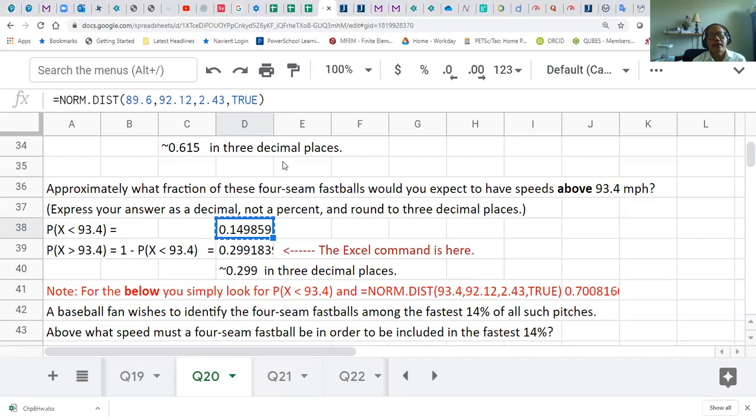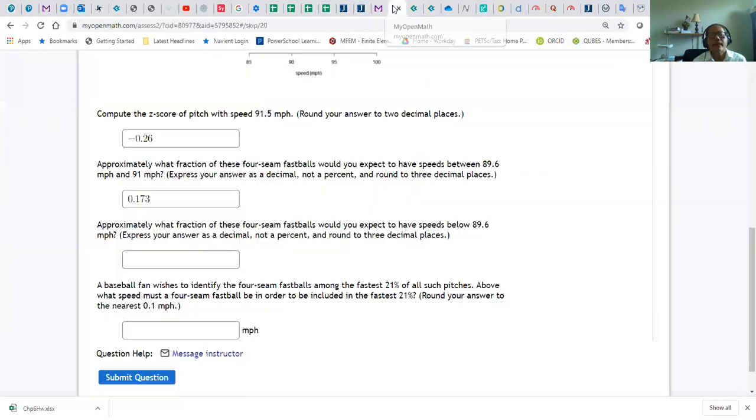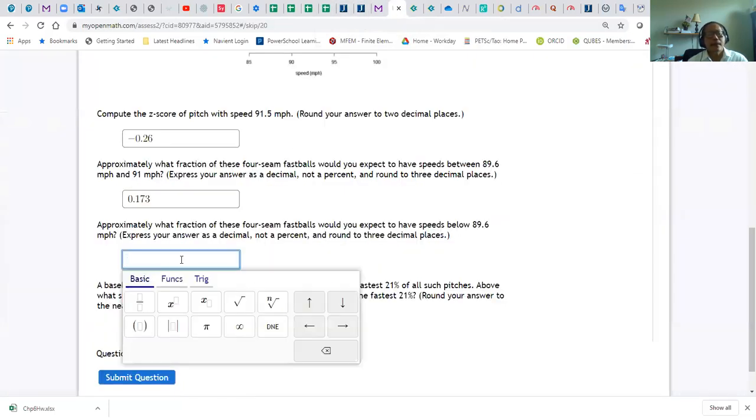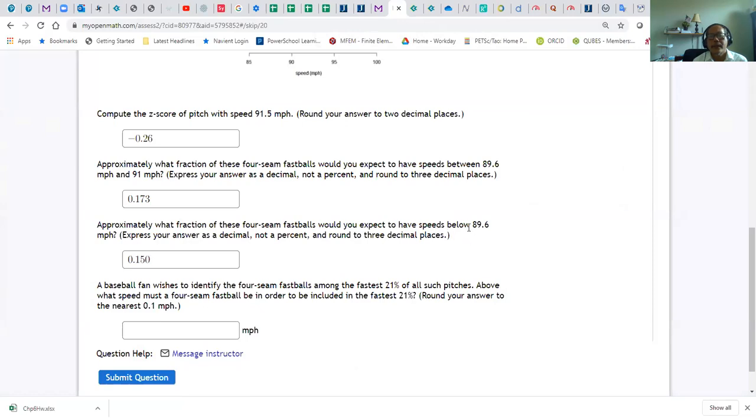Okay, how many decimals to put here? 3 decimals. So the answer will be 0.150, right? Yeah, so you can see clearly, this is below. So the one in the Excel is above, right? So you need to start from 1.